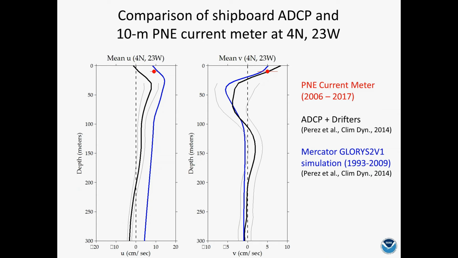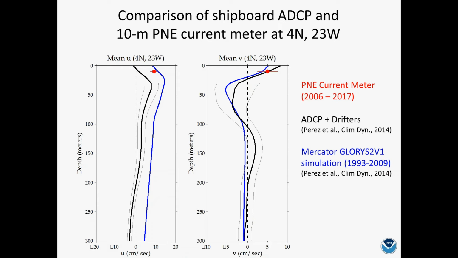Before I move on, I just wanted to show you the vertical profiles that I pulled from those maps of the zonal flow and the meridional flow. And you can just see that what you would expect to see in the mean zonal flow is eastward flow in the upper 100 meters. And that doesn't agree very well with the 10 years of data that we have from the PIRATA Northeast Extension mooring at 10 meters depth.